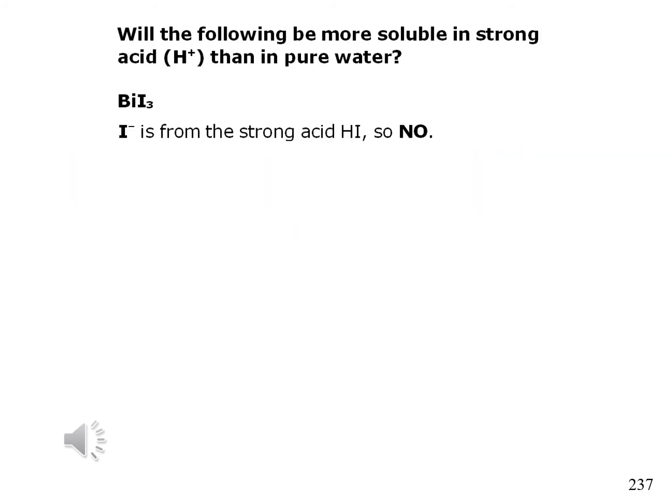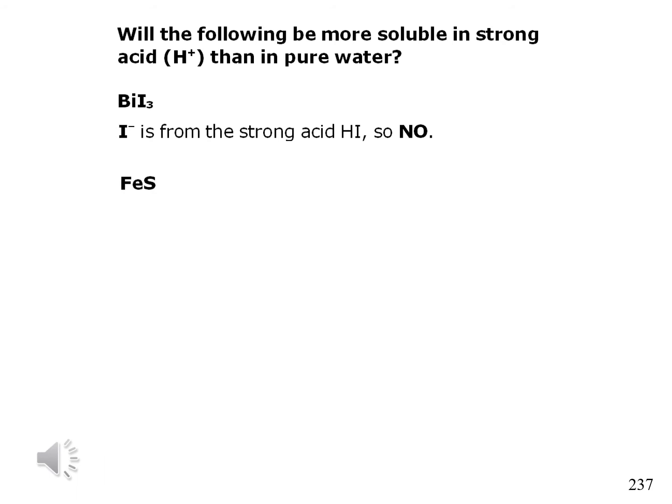This is the kind of problem I ask. All I do is say, will the following be more soluble in acid than in pure water or not? So the only thing you have to look at in BiI3 is the negative ion. And since I minus comes from a strong acid, it will not increase in solubility.